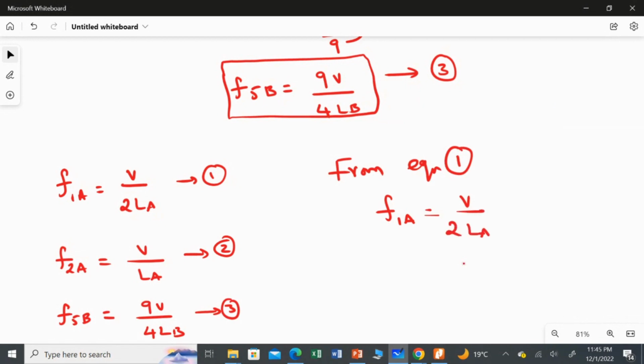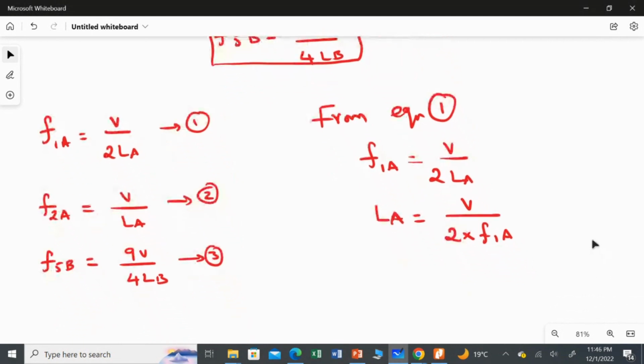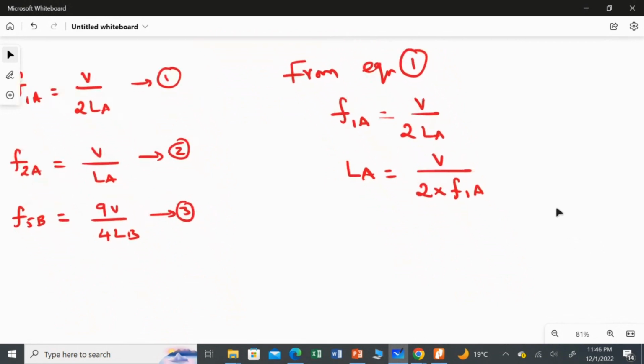And I'm going to rearrange this equation in terms of the length of pipe A. Therefore, length of pipe A is equal to V over 2 multiplied by the fundamental frequency for pipe A, right? And we have the value for V, right? What is the value for V? It is the speed of sound in air. It's a constant, because here the organ pipe emits the sound by blowing air, am I right? So here the speed is a constant value.